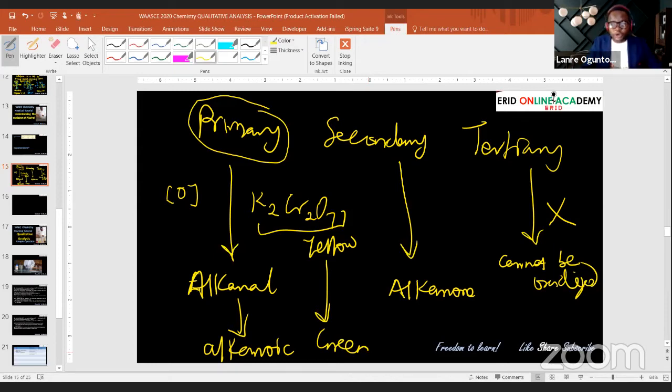When it changes color from yellow to green, that tells you that your potassium dichromate has been reduced.